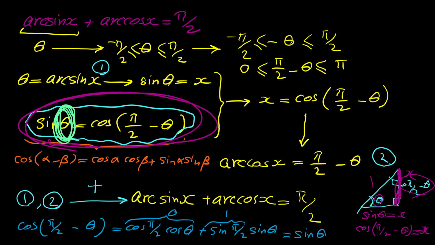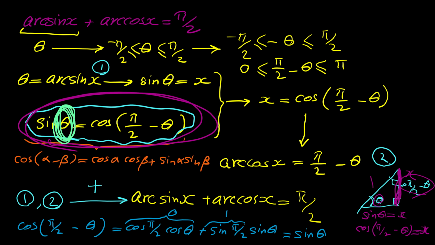So we have this relation in general for any value of theta, but when you draw a triangle, you consider theta only between 0 and pi over 2, because one angle is 90 degrees in a right triangle. But this relation is true for any theta.